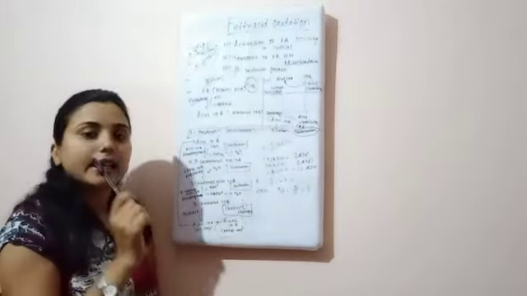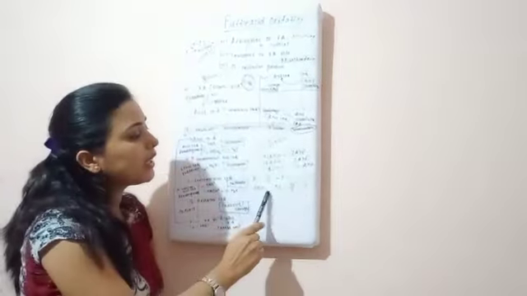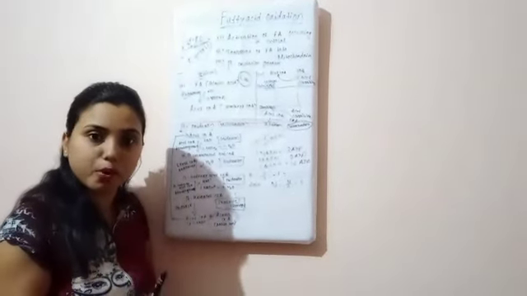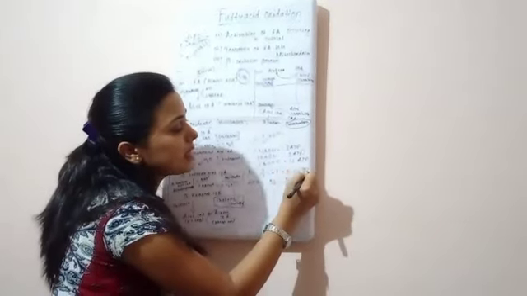So during oxidation of palmitic acid, 8 acetyl-CoA are produced, and the beta oxidation cycle is 8 minus 1, that is 7 cycles.